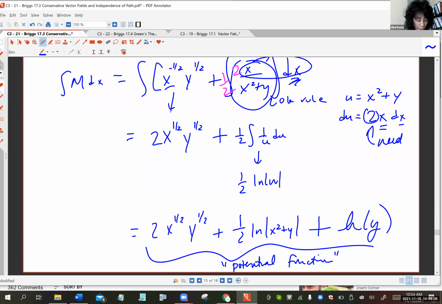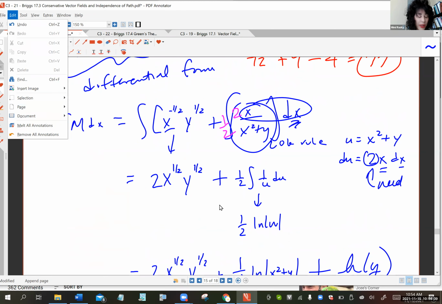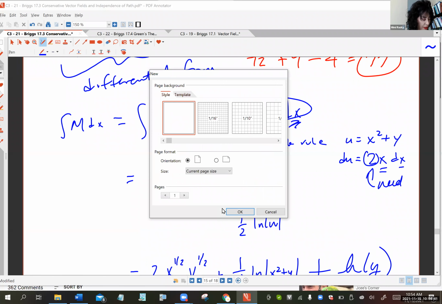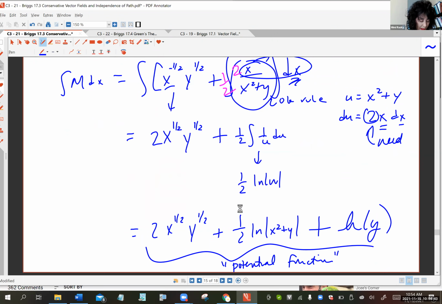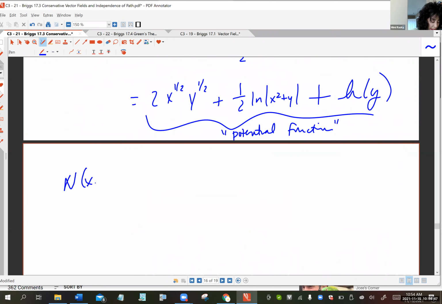And it's like, oh man, are you kidding? They didn't give us enough information. No, we have enough information. Here's what we're going to do. Remember n, by definition, from what we just talked about with gradient fields or conservative vector fields, is the potential function's derivative with respect to y.